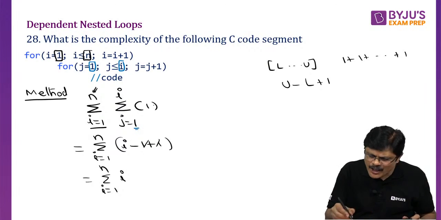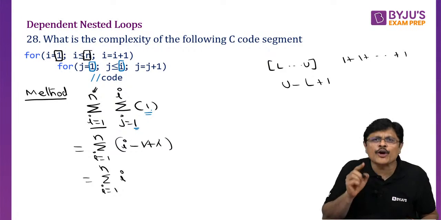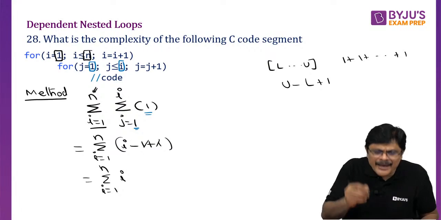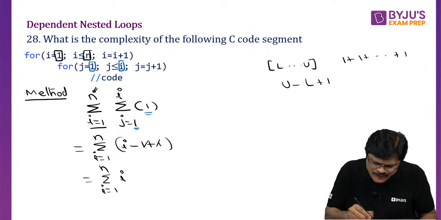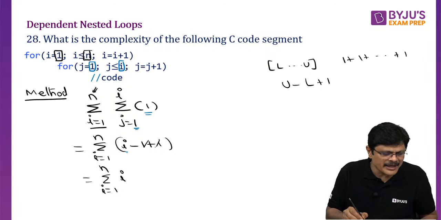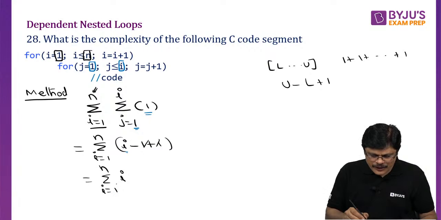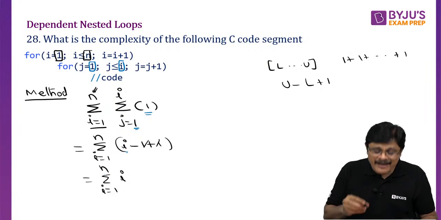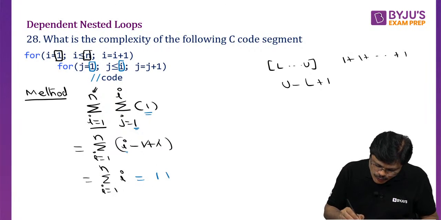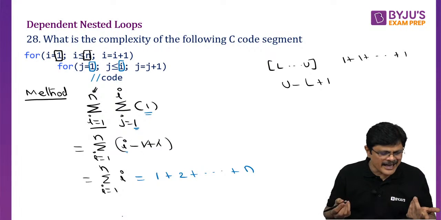And how do you get this summation? Any summation where you have a constant inside, the count is upper bound minus lower bound plus 1. The upper bound is I, minus the lower bound 1, plus 1. That is I times. Correct. Now you just need to do this. Here I varies from 1 to n, so I is equal to 1, I is equal to 2, and so on up to n, which is the sum of the first n natural numbers.